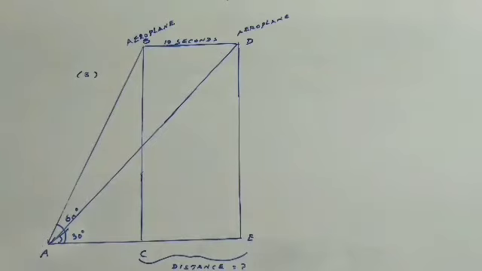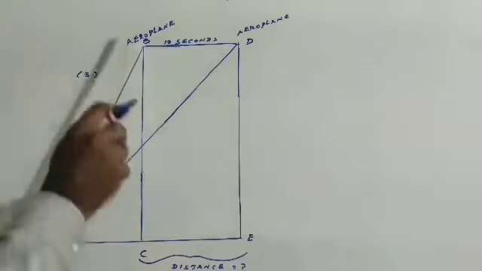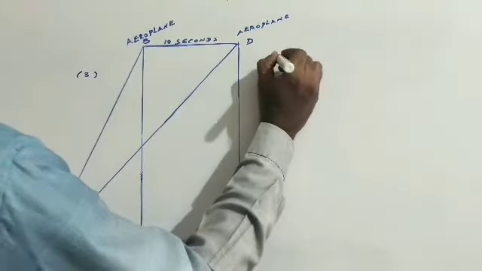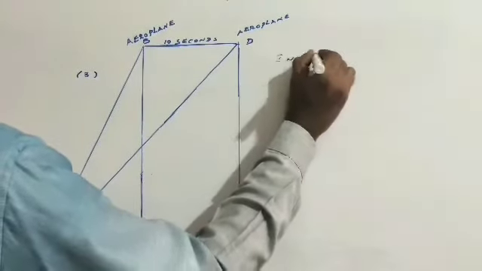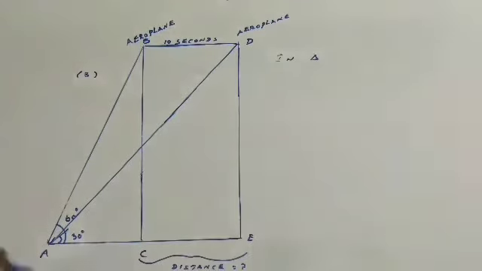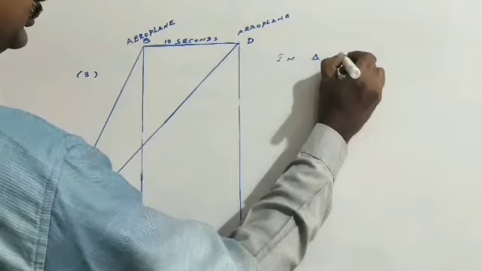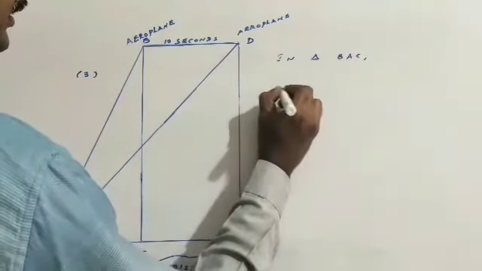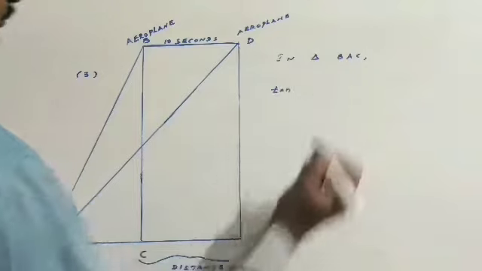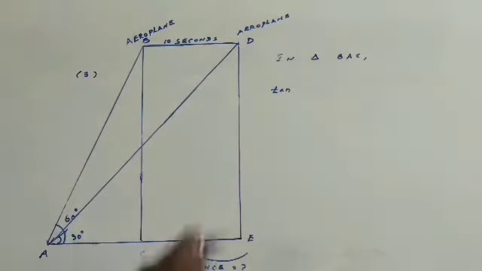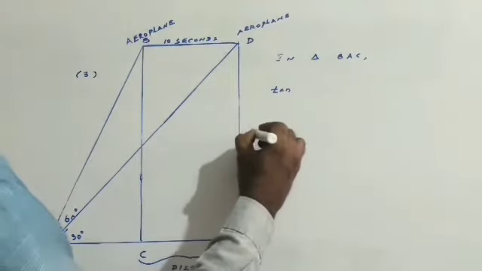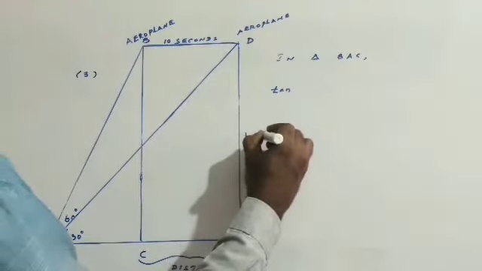Now consider the first triangle ABC, we can also write BAC. From the ground level the aeroplane is flying at the distance of 1 kilometer.